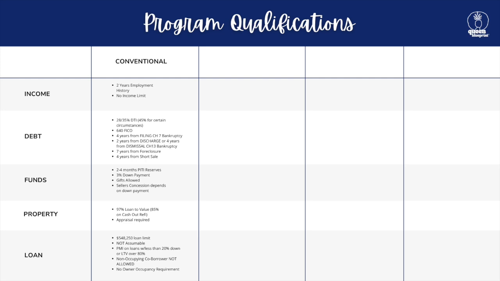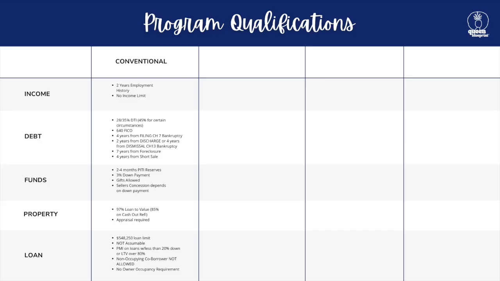Debt. You need a 28 to 35% debt to income ratio. Okay? And this is back end. So that means that they're dividing your monthly liabilities by your monthly gross income.